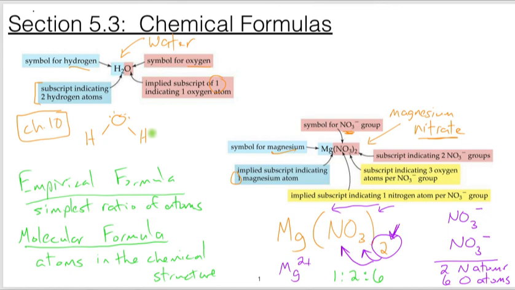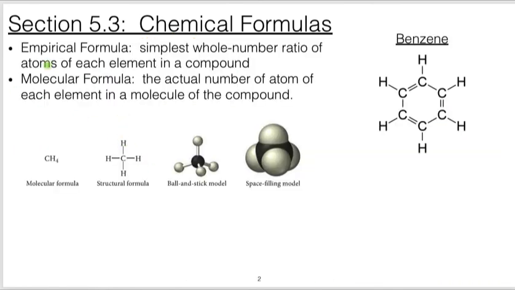That is the molecule, and that H2O matches up with the molecule. So in this case, both of these formulas just happen to be the empirical formula and the molecular formula for each of these compounds. In the next video, we'll expand on that and talk more about the 2 different types of formulas.